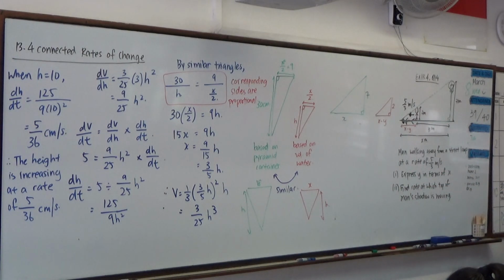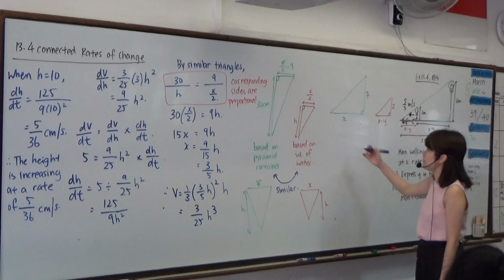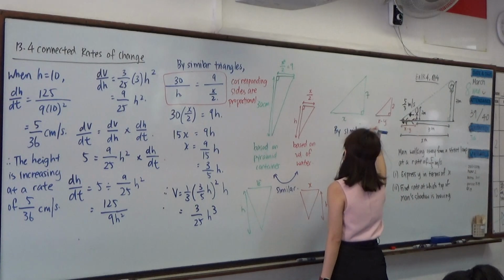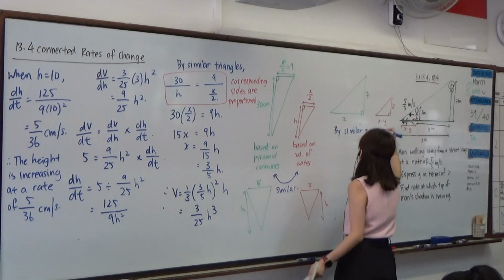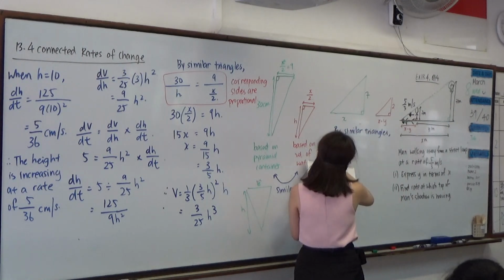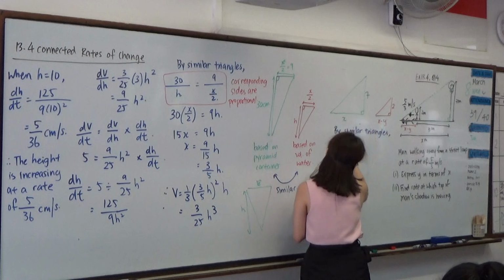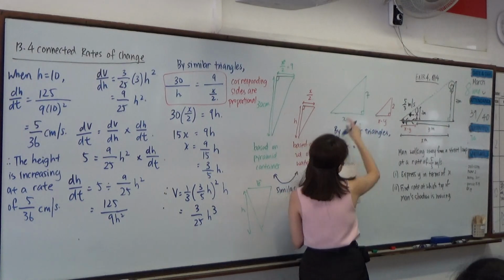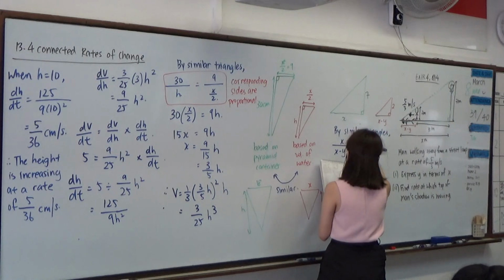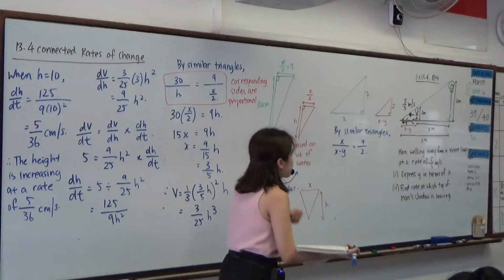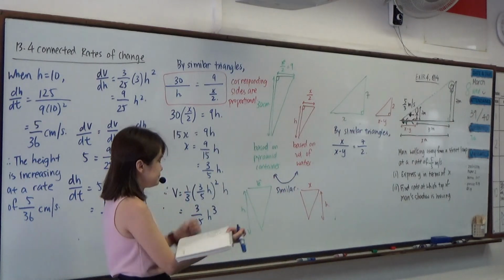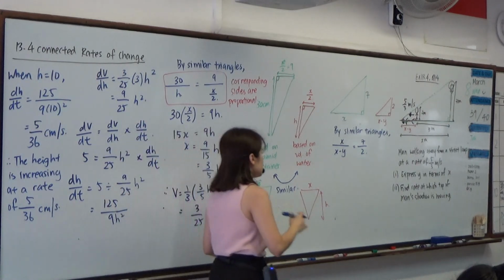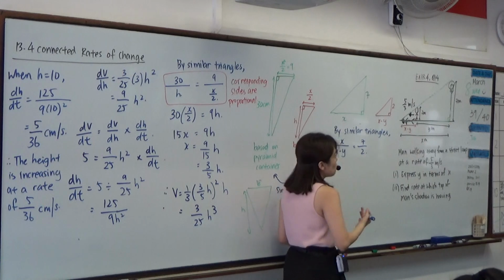So using our similar triangle property, I will find that the corresponding sides, x over x minus y, should equal 7/2. The question wants us to find y in terms of x, so I need to manipulate this to make y the subject.